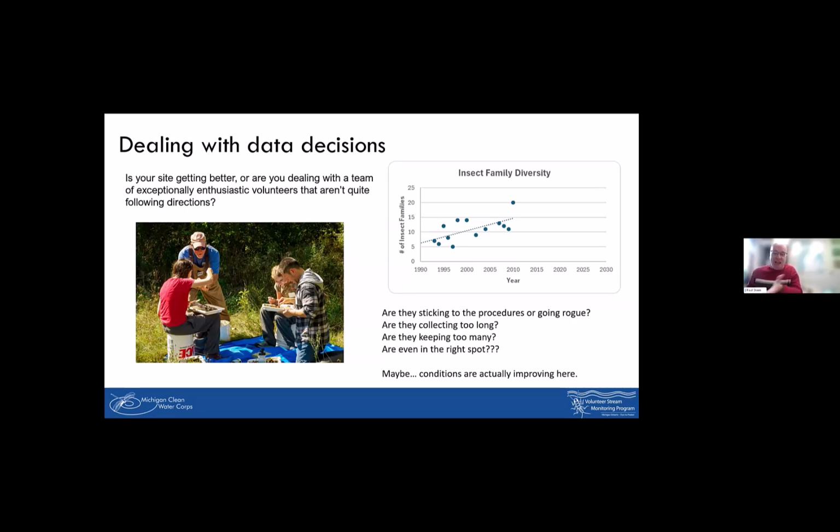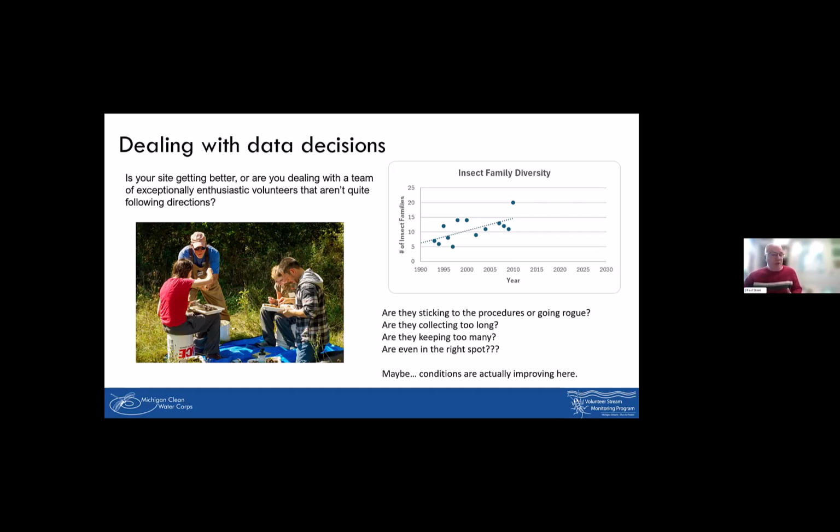Is your site actually getting better here? Or are you dealing with a team of exceptionally enthusiastic volunteers that aren't quite doing what you told them to do? We have set directions that we're asking people to follow, but as a manager, I'm usually back in the office trying to organize logistics, and I have to trust my team that's going out to a particular place that they're going to do what they've been instructed to do.